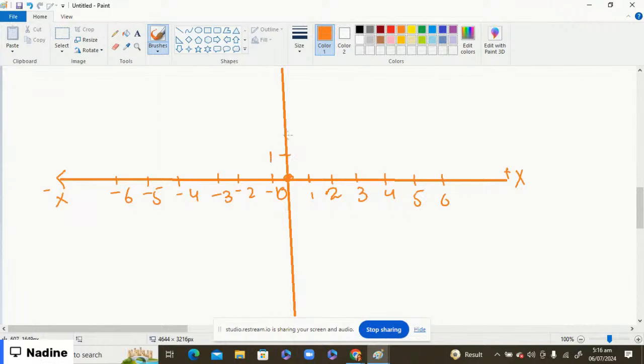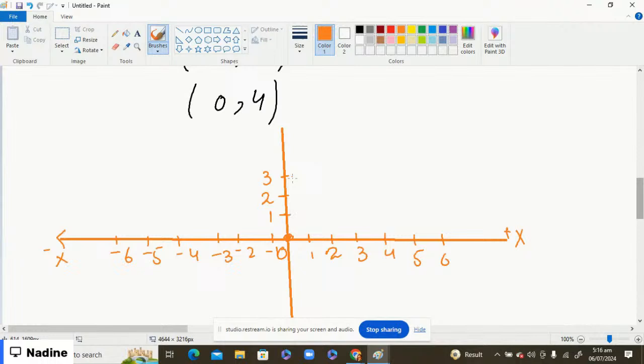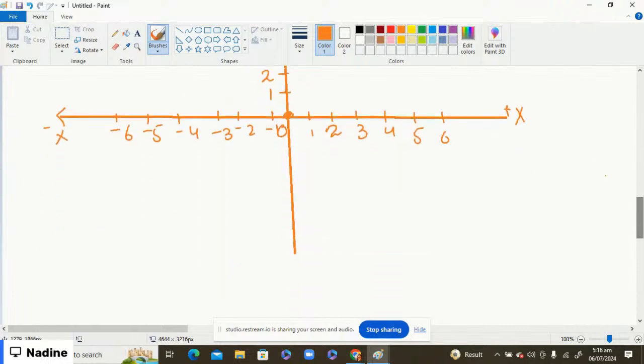For y values it's 1, 2, 3, 4, 5, and 6. This is positive y. For negative y it's minus 1, minus 2, minus 3, minus 4, minus 5, and minus 6.